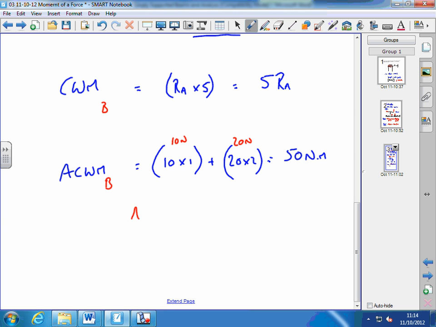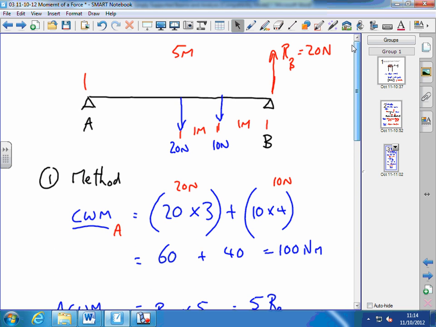So anti-clockwise moments equals clockwise moments, and therefore 5RA equals 50. So therefore RA equals 10 newtons. And if we go back to our original diagram, we can now write that RA is 10 newtons.